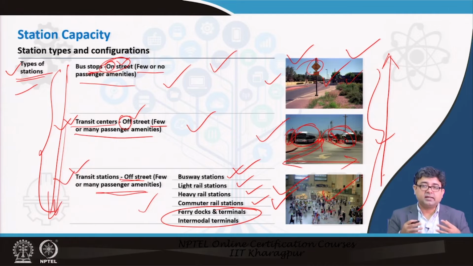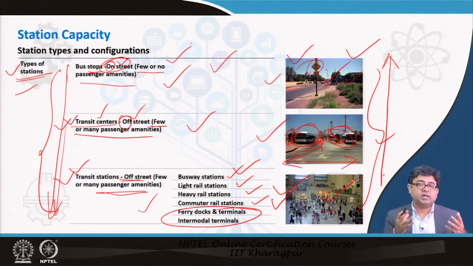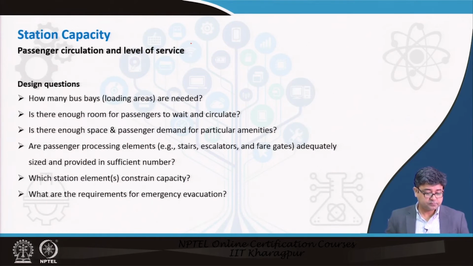So, all of that requires at least 2 transit centers, one on each side of the line. Maybe that is a requirement for your city, whereas the intermediate stops could all be bus stops. So, I am just giving you an example, visualizing how you can pick and choose which type of station or stop or transit center to have in your town's or city's transit line.